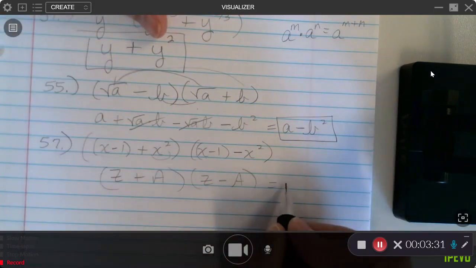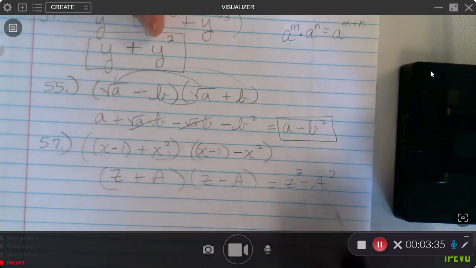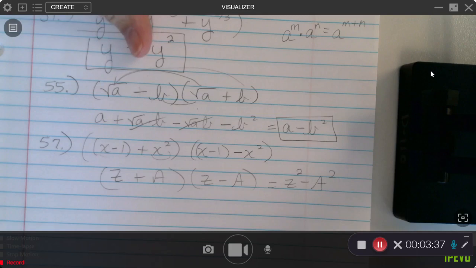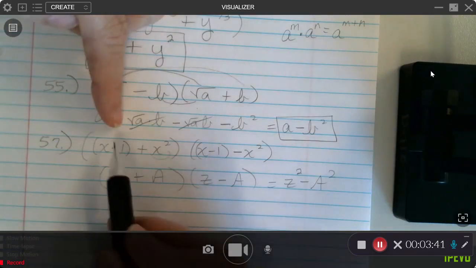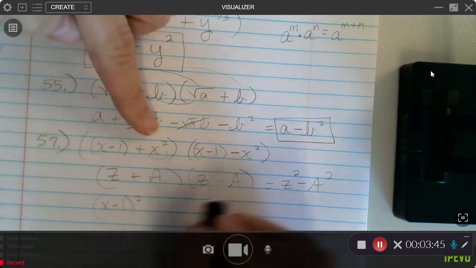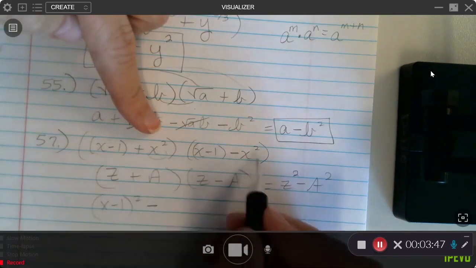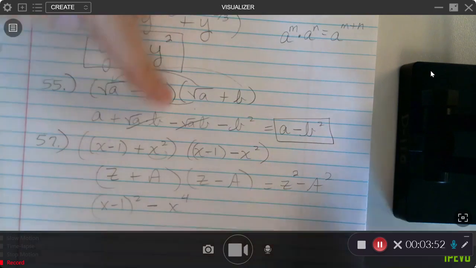Just z squared minus a squared? It's the factored form of the difference of two squares. It's the same thing here. This would be x minus 1 quantity squared minus a times a, or x squared times x squared would be x to the 4th, right?